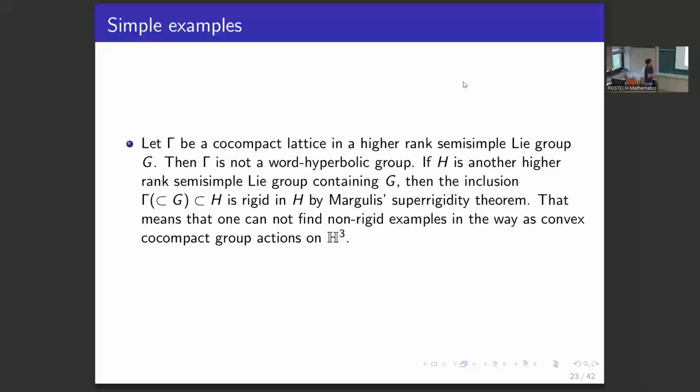That means that this co-compact lattice in a higher rank semi-simple Lie group is just rigid. But we don't know whether this has a stability in some sense, okay? Because the rigid thing is also stable, right? Because around that inclusion homomorphism, there are no other injective homomorphisms, okay?